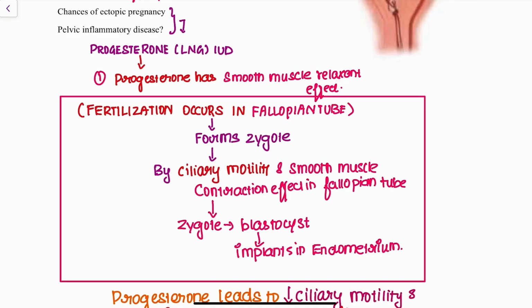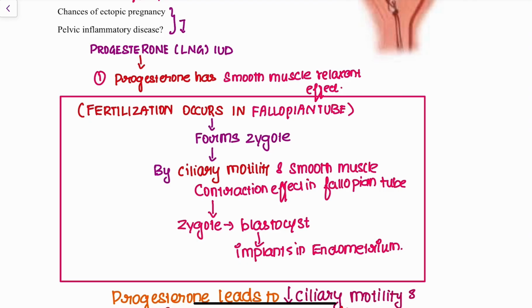We always know that fertilization occurs in the fallopian tube, right? After fertilization occurs, there is going to be formation of the zygote. Once the zygote has formed inside the fallopian tube, by the smooth muscle contractile effect of the fallopian tube, assisted by the ciliary motility of the cilia present in the fallopian tube, this zygote is going to eventually move out of the fallopian tube and be implanted inside the uterine endometrium, right?